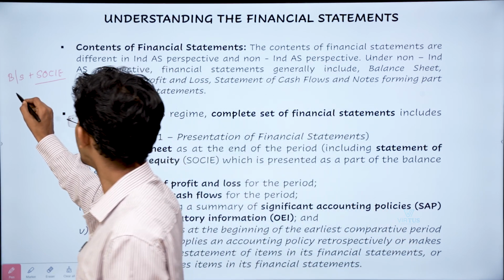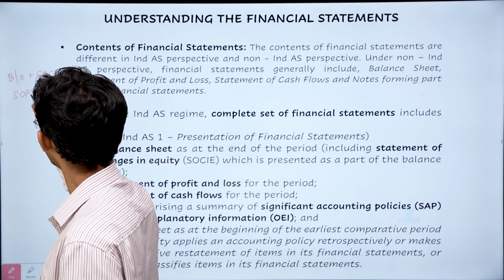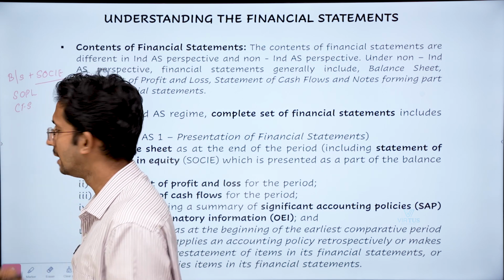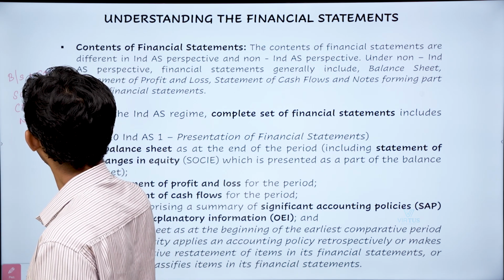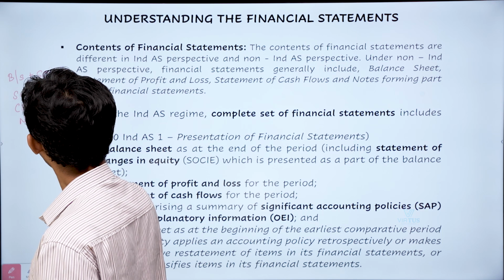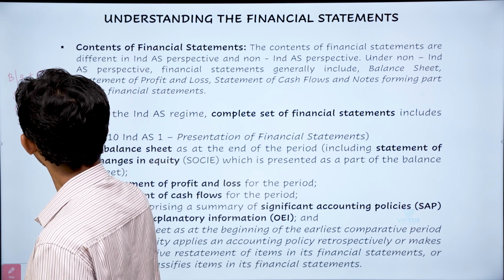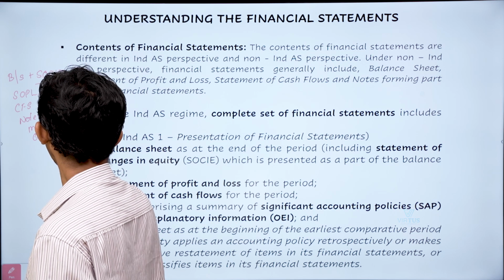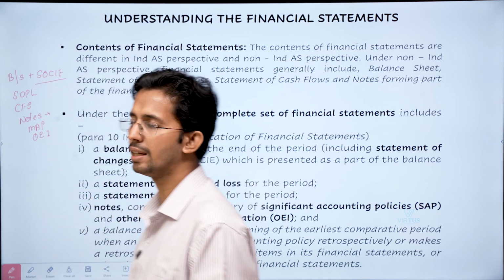Then you have your statement of profit and loss, then your statement of cash flows, or CFS, then your notes forming part of the financial statements, and along with the notes you will have material accounting policies, MAP, and other explanatory information, OEI.